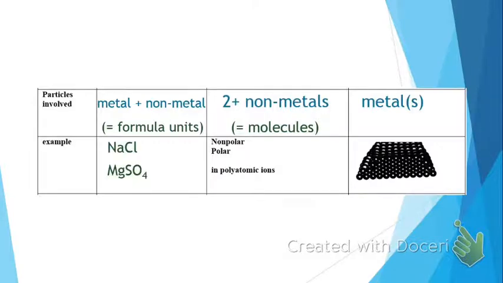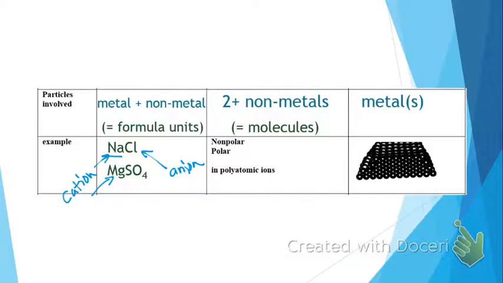So just some examples. You can see here we have our Na and our Cl, and it's important to note that the cation, the positive ion, is always going to be the first element, and the anion, the negatively charged atom, is always going to be the second element in the formula.